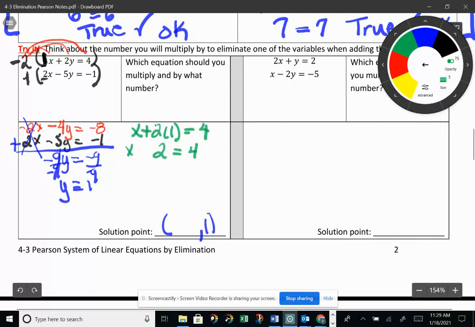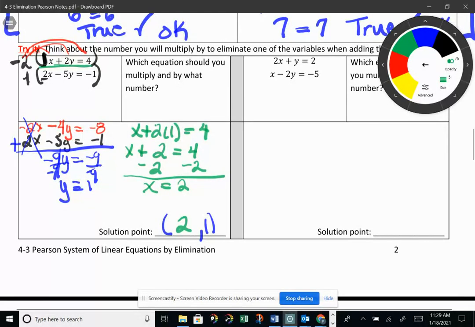Then I'm going to subtract 2 because I got to solve for x. Once you find y, you got to plug it in, and I plugged it into my top equation there. I plugged my y of 1 in for y, and now I just solve. So x is equal to 2. And that should have been your answer.